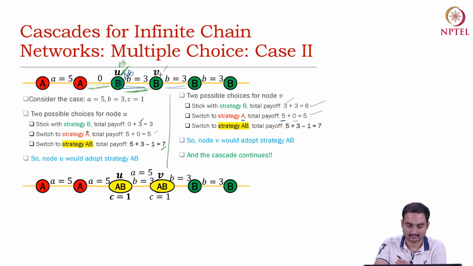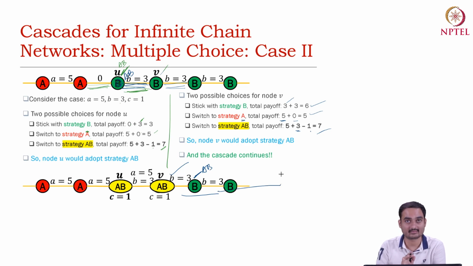If V chooses AB, due to these interactions it would get max of A, B, which is 5, due to this interaction B, which is 3, and cost is 1, so 7. So here you see that the best strategy is AB. So B will switch from B to AB. Then similarly for this node it will also choose AB, and so on.